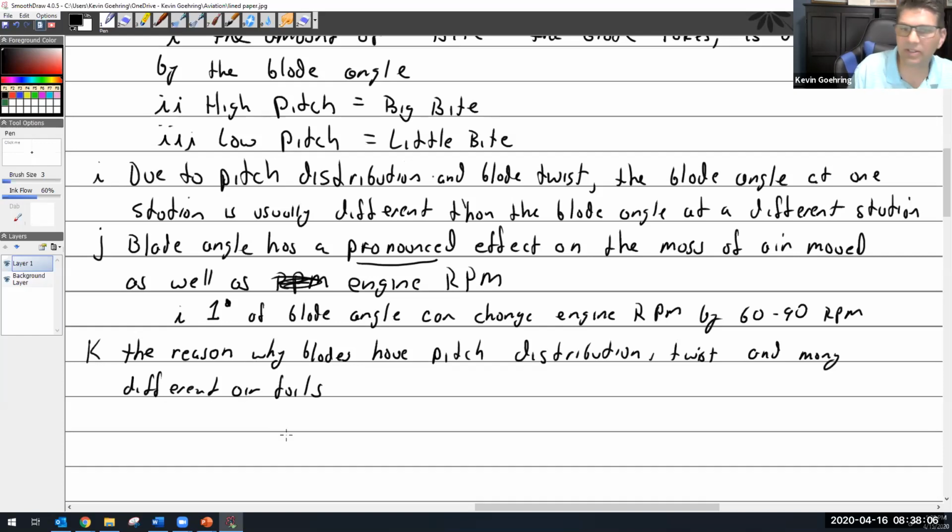The airfoils are different because the blades move in multiple dimensions.